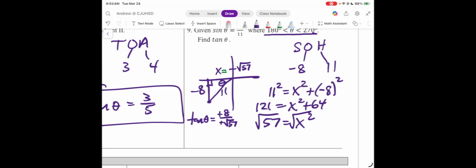And then 8 over root 57 is going to be 8 root 57 over 57. 57 is 3 times 19, so I have nothing to reduce with the 8. That means we're done.